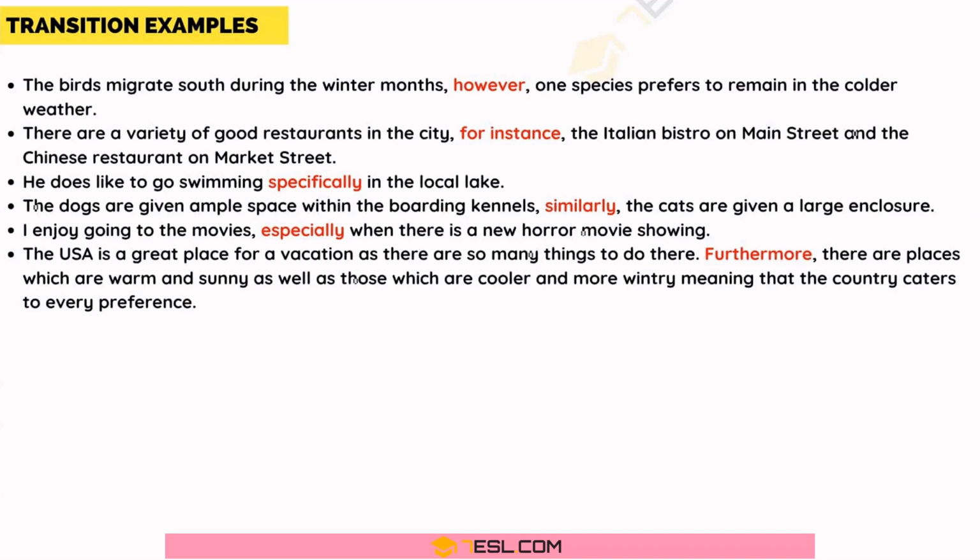And the last one, he does like to go swimming, specifically in the local lake. Okay, anyway, these are some examples of transitions. Most of these are transitions. I see one transitional phrase, and that would be for instance. But yeah, smoothly changing from one thought or idea to the next.